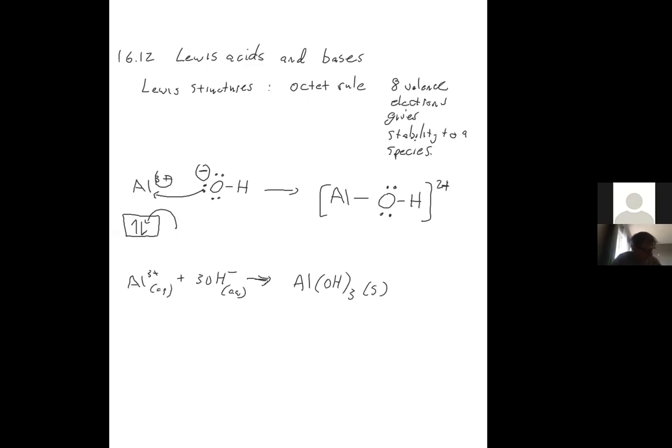And so what's really happening is you've got these empty orbitals for the aluminum, and then you've got these electron pairs for each of the hydroxides.